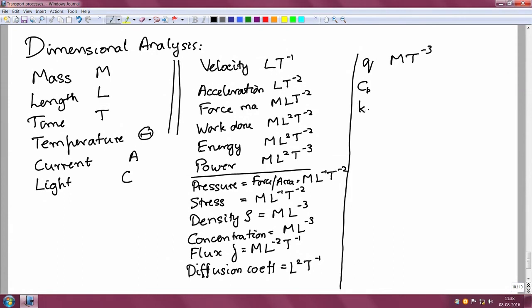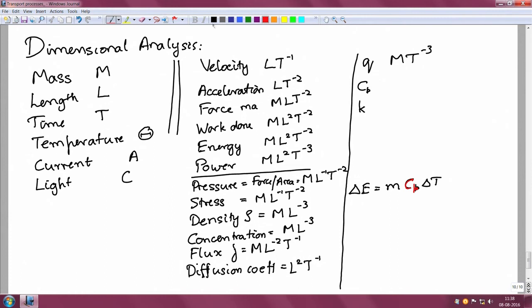The dimension of the specific heat. How do we get that? We know that the change in energy of a fluid is related to the specific heat by m Cp times delta T, where m is the mass of the system of the fluid and delta T is the temperature difference. In this we know the dimensions of everything except for the specific heat Cp.